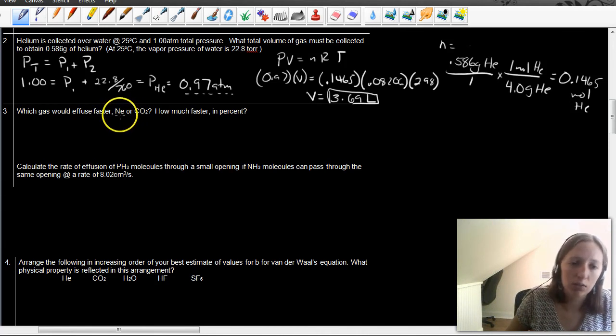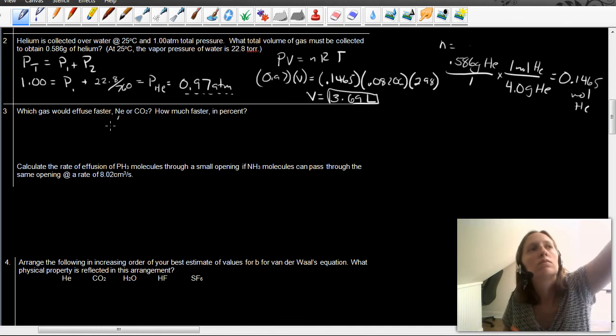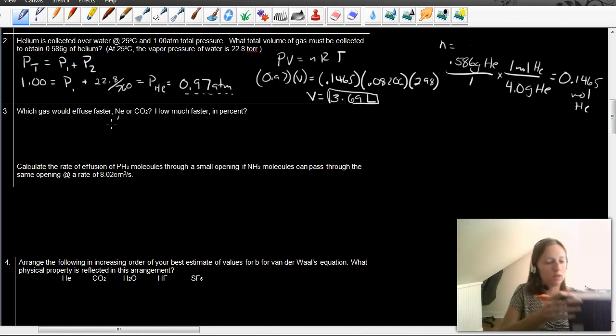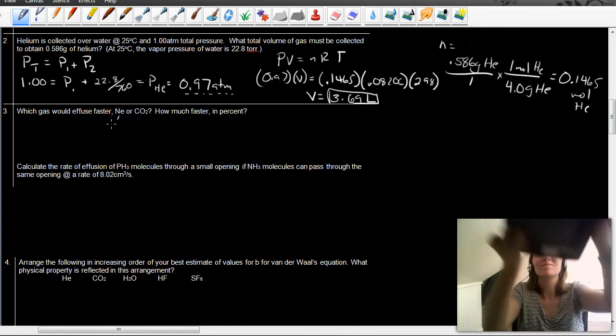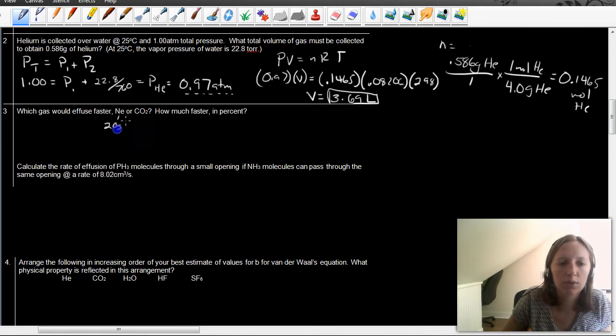You've got neon with a molar mass of 20 grams per mole, and carbon dioxide, which has a molar mass of 44 grams per mole.